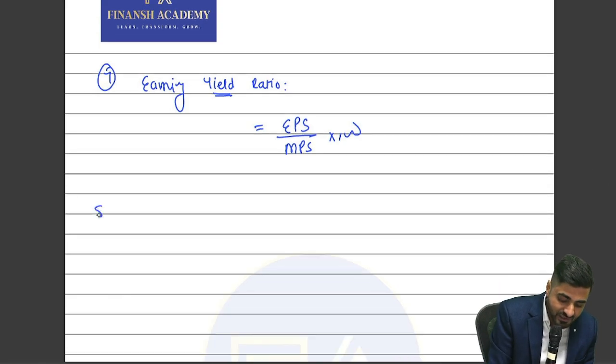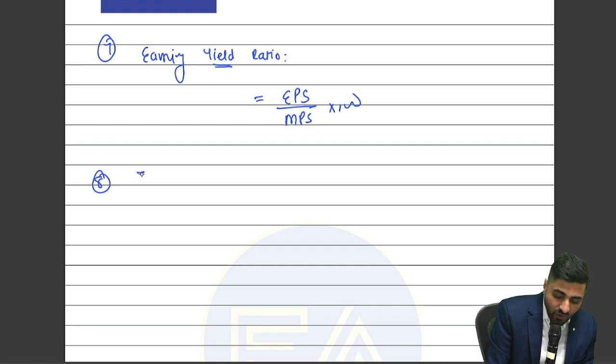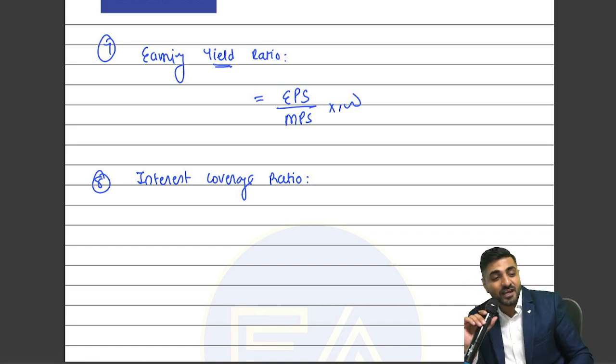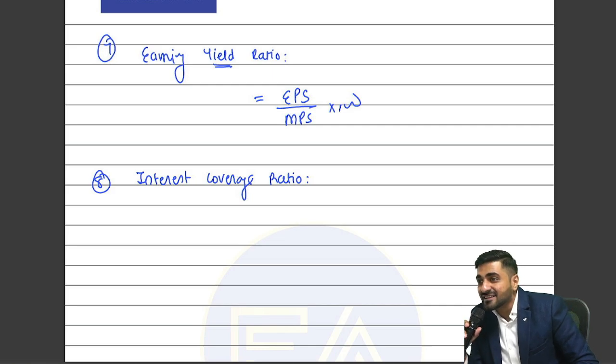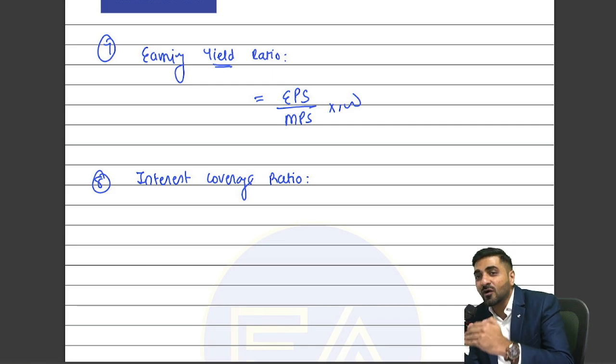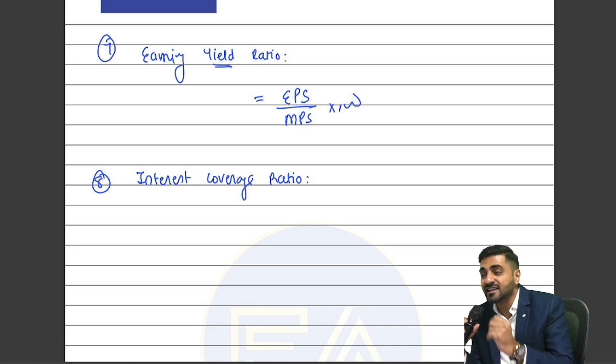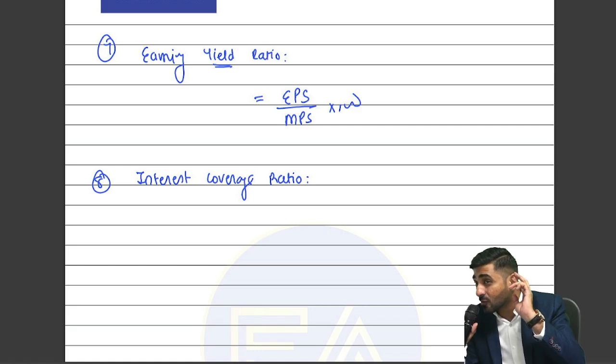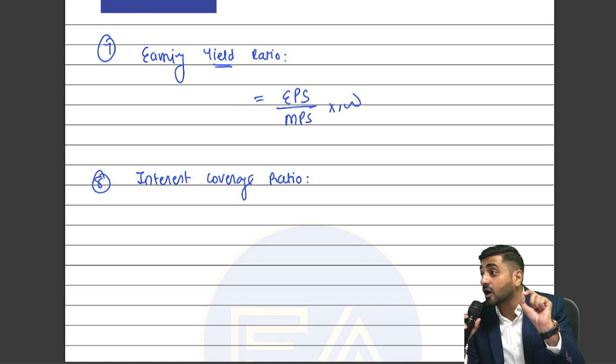Then we have something called the interest coverage ratio. Now, what does this ratio tell you? How many times your interest is getting covered from your profits, that is, with your EBIT.